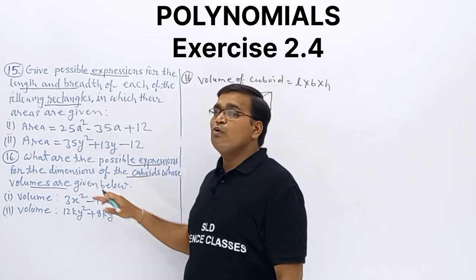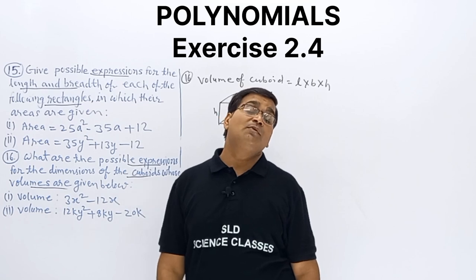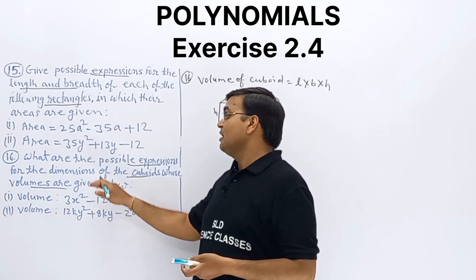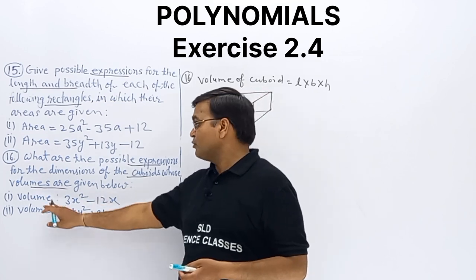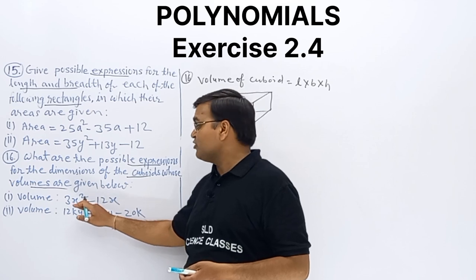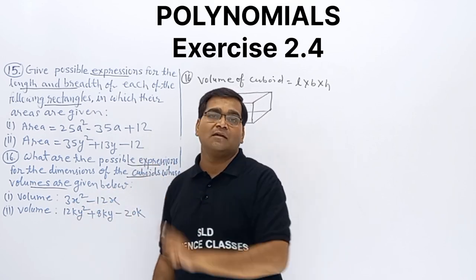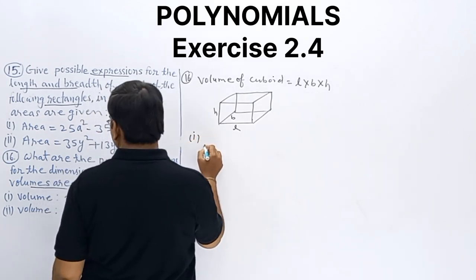But in a cuboid we have length into breadth into height. So 3 things we will write, the 3 expressions that make up these volumes. Volume is this one, and it is length into breadth into height. So its factors will show length, breadth and height. Clear?